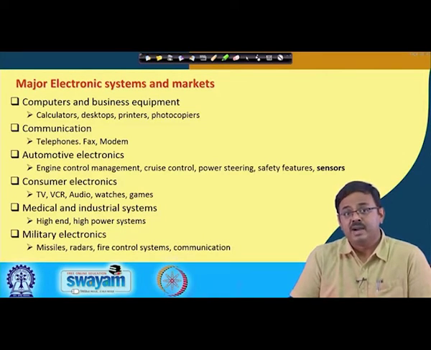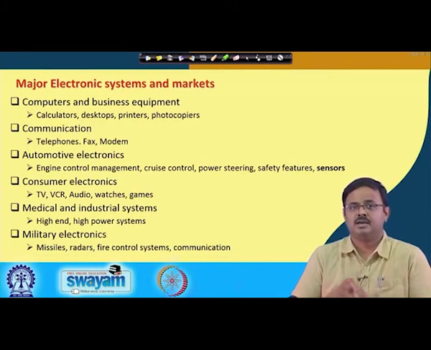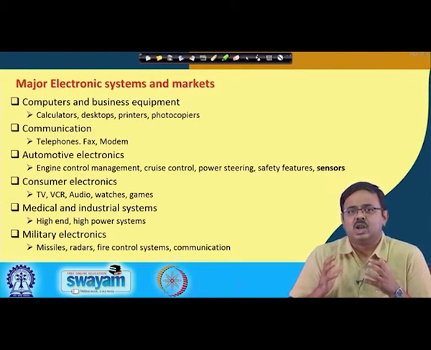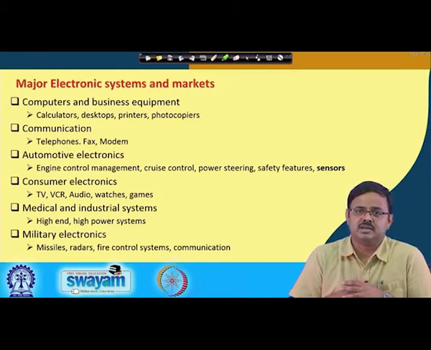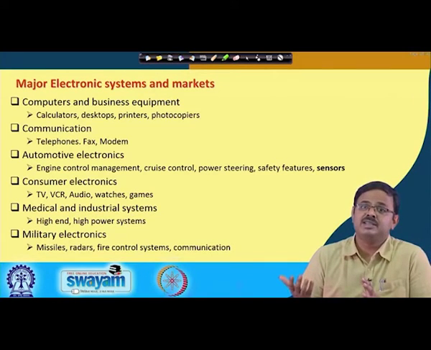Medical and industrial systems, you may not be using them every day, but if you go to a hospital, the flat plate X-ray, the ultrasound, the MRI, the CT scanner, there is a lot of electronics in each of these systems. Not just in the way they function, but on the back end, the imaging part.